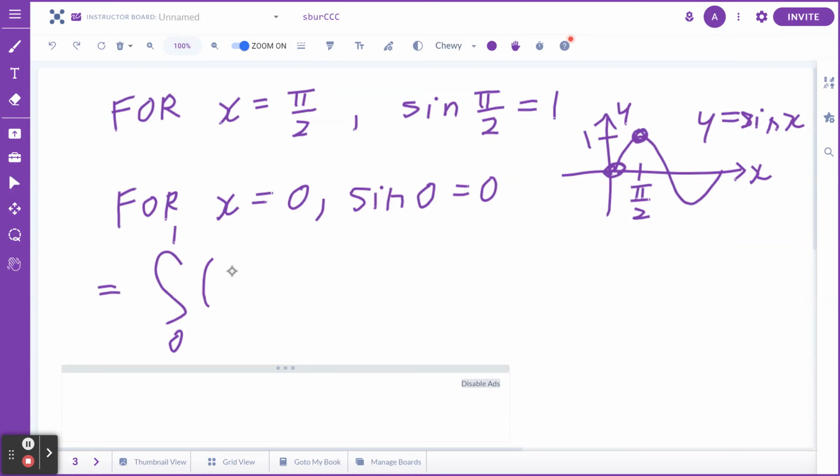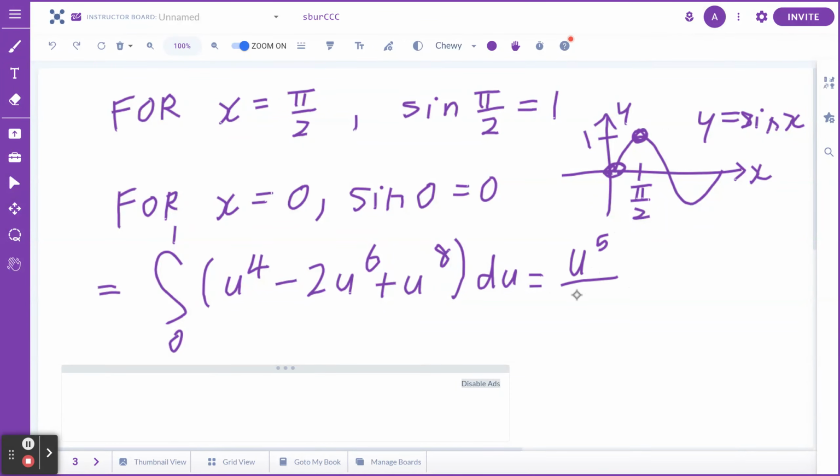And it's going to be the antiderivative of u to the power of 4 minus 2u to the power of 6 plus u to the power of 8. Don't forget, this is going to be du now because we're going to plug it in. Now, what happens when you find the antiderivative of u to the 4? That's going to be u to the 5 divided by 5. What about 2u to the 6?